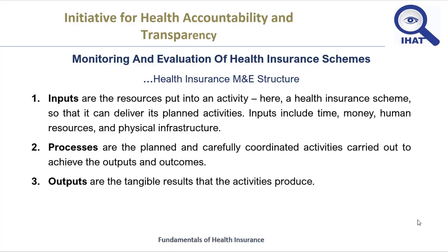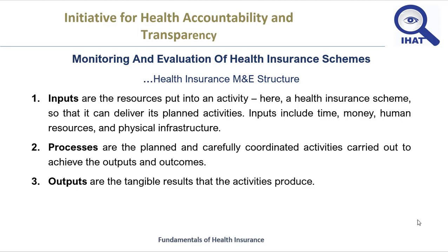Inputs are the resources put into an activity, and in this case a health insurance scheme, so that it can deliver its planned activities. The inputs include time, money, human resources, and physical infrastructure. Processes are the planned and carefully coordinated activities that are carried out to achieve the outputs and outcomes.